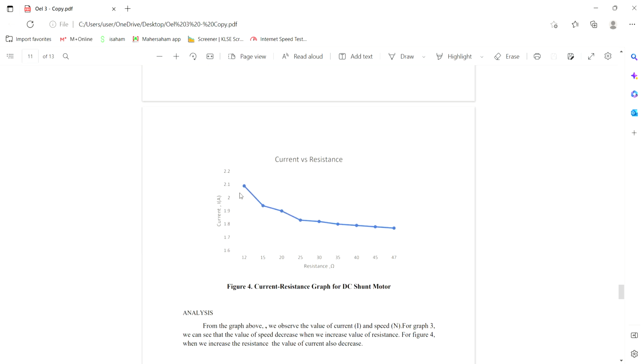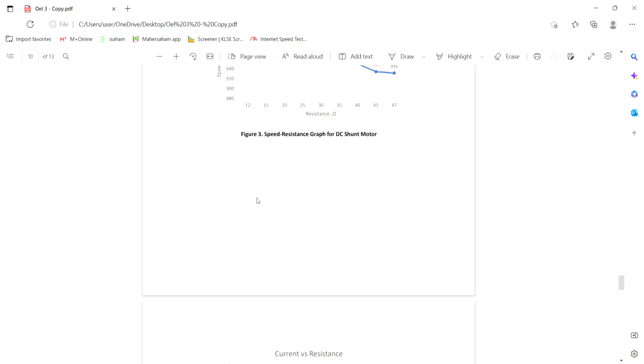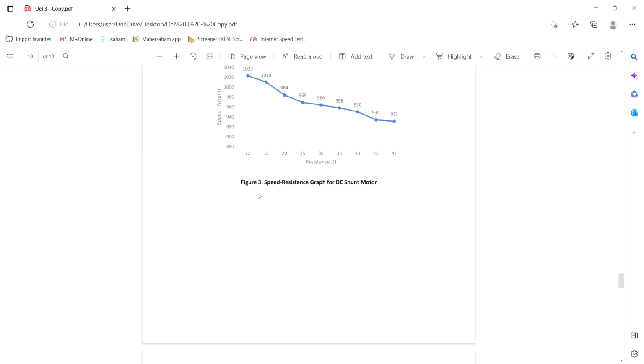And for Figure 4, which is a graph for current versus resistance, when we increase the resistance, the current will be decreased.